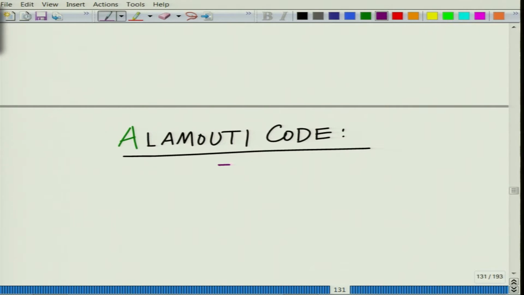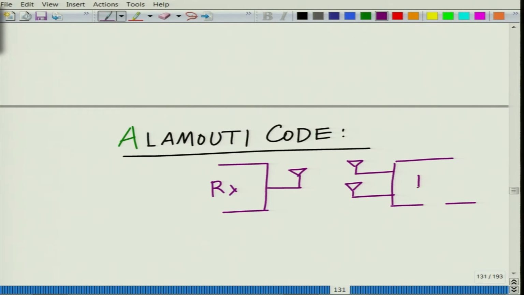In this Alamuti code, you have the receiver with a single antenna and the transmitter with two antennas.